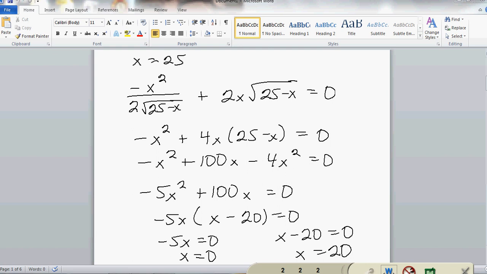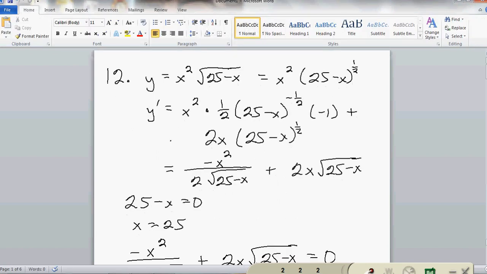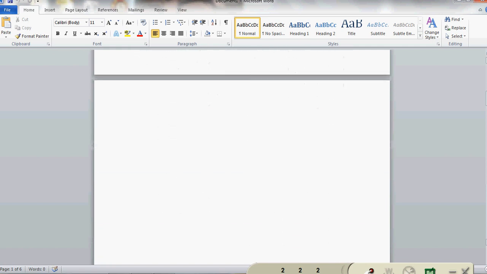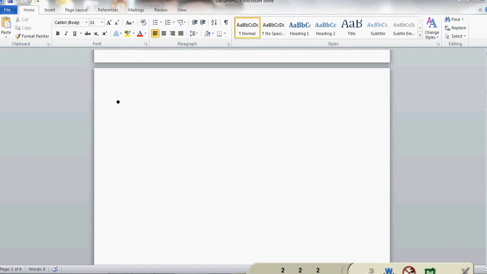Now, one of the best ways to deal with this is to put this into a chart. So we have critical point 0, critical point at 20, and critical point at 25. And what we need to do is plug in these values for each one.